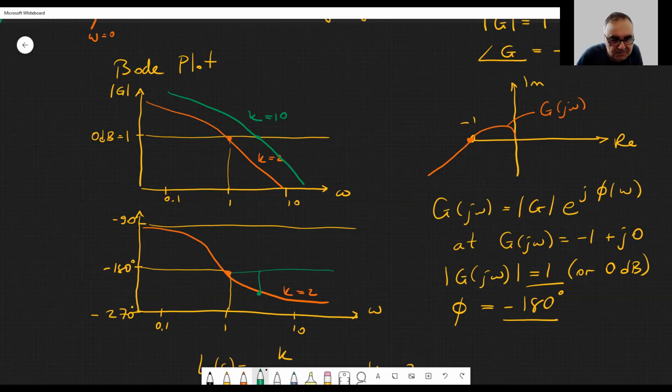Let me use another color. But if I use a smaller k, let's say k is equal to 0.5 or something, the phase is going to be the same, but if I go here, the phase here is going to be less than minus 180 degrees, as you see.